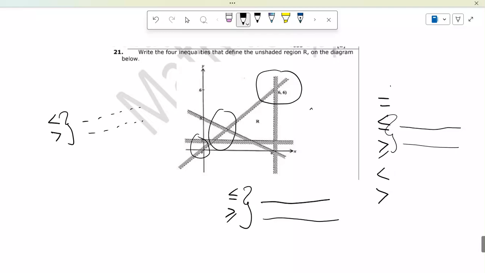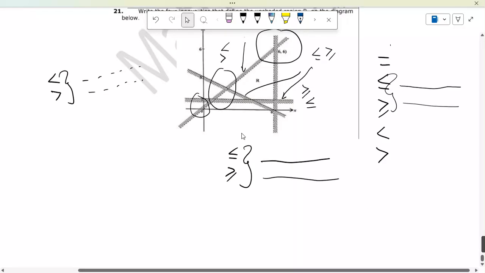If you see this line here is solid, we know it will have either greater than or equal to or less than or equal to. If this line here is dotted, it will have a greater than or a less than. That's how you identify.